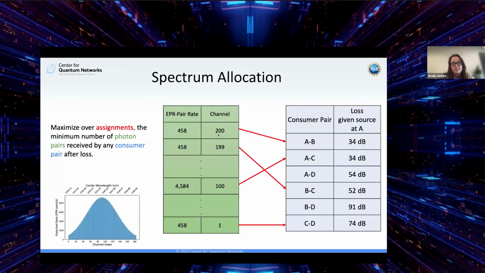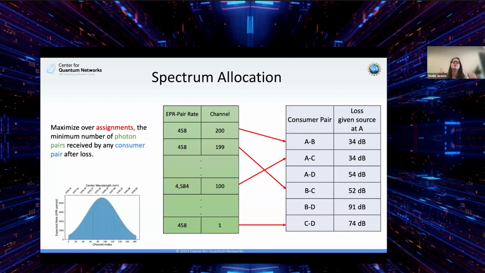And then we looked at spectrum allocation. So what this is saying is that for this Gaussian distribution, each of these channels has a different number of photons emitted from the source node. For instance, these middle channels will have 4,500, whereas the ones at the ends will only have about 500. So we wanted to map the channel sizes with the loss per path that we're seeing.